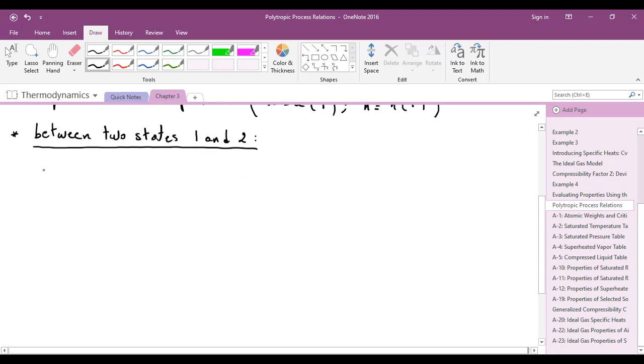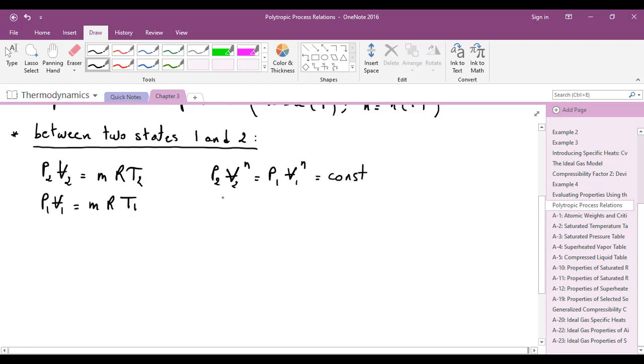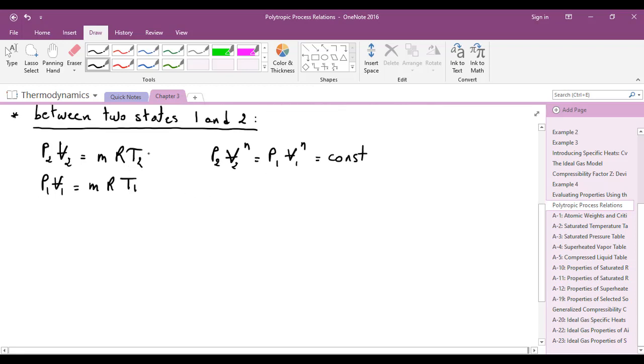So we can always say at any state we can apply the ideal gas law: P2V2 equal mRT2, and P1V1 is equal to mRT1. Also we can say that P2V2 to power n is equal to P1V1 to power n, and is equal to the constant. So let's divide these two equations.